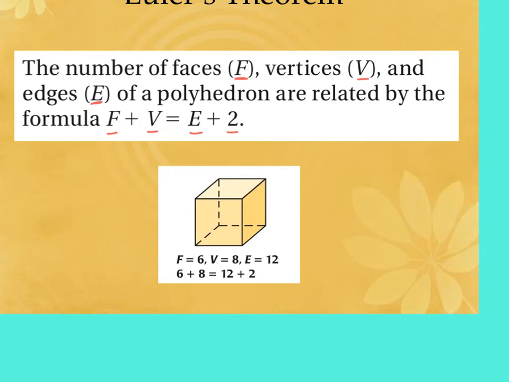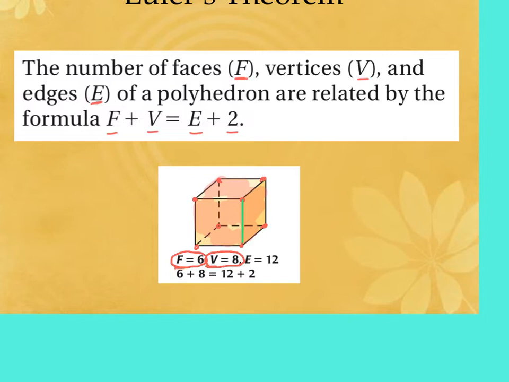So if I look at the cube that's here, if I counted the faces, there's one at the top, one on the front, one on the bottom, one on the left, one on the back, and one on the right. So there are 6 faces. If I counted the vertices, 1, 2, 3, 4, 5, 6, 7, 8, there are 8 vertices.